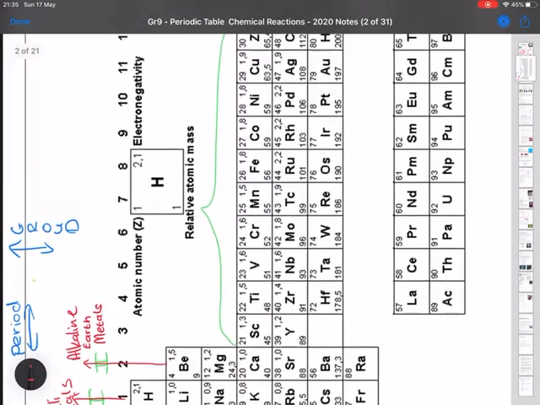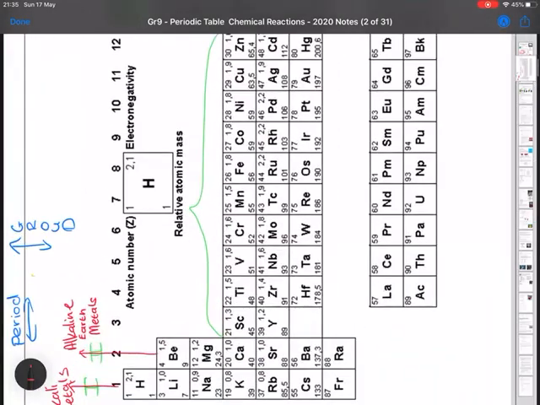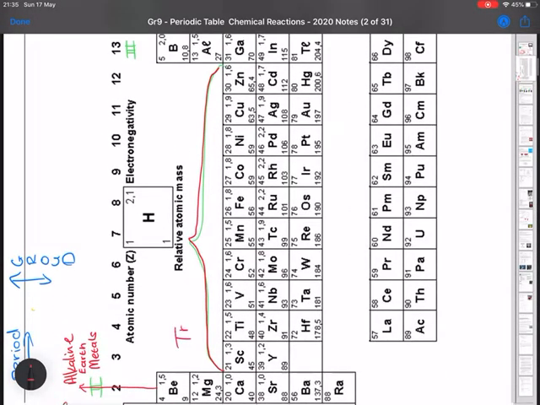Alright, group 3 to group 12. So what's bracketed over here, that we call the transition metals. What I've just drawn a red box around, those are the transition metals.